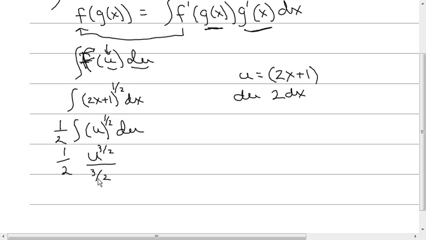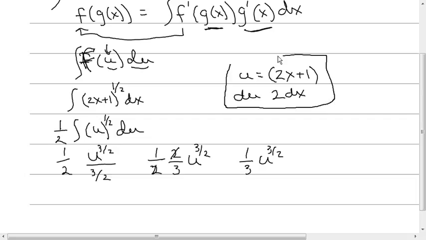Then this is in the denominator, so we simply take the reciprocal, multiply by the numerator, so we get 2/3, u to the 3/2, and the 2's cancel, so we get 1/3 u raised to the 3/2. Of course, we wouldn't leave it in this form. We go back to our table that we wrote up here, where we'll always have u written out. So we just substitute the x term back in.